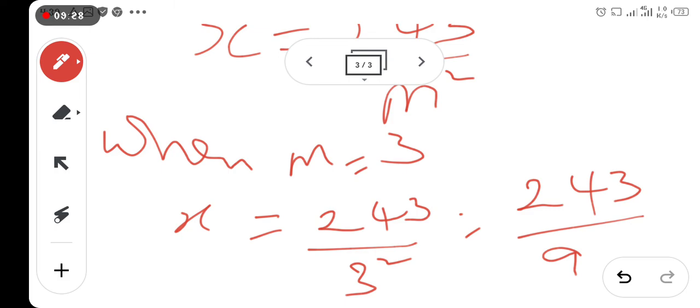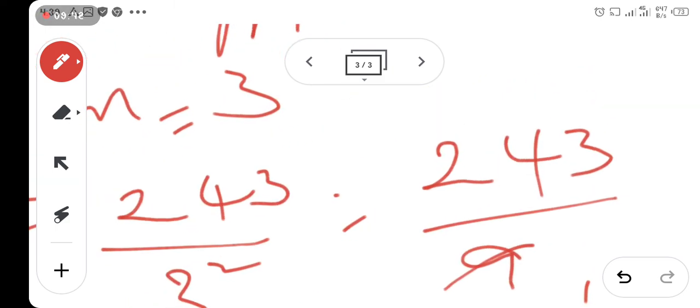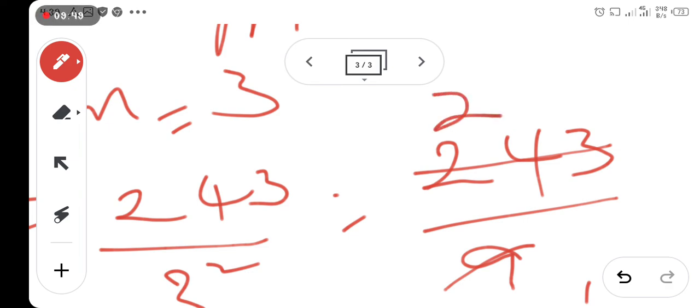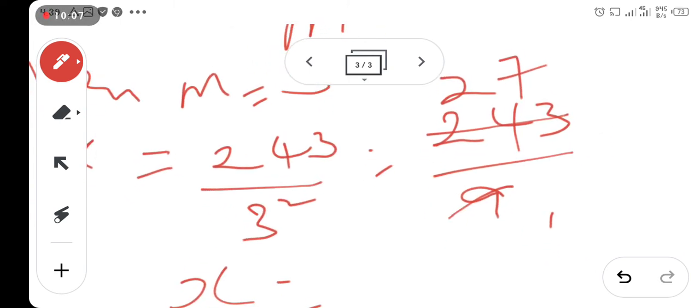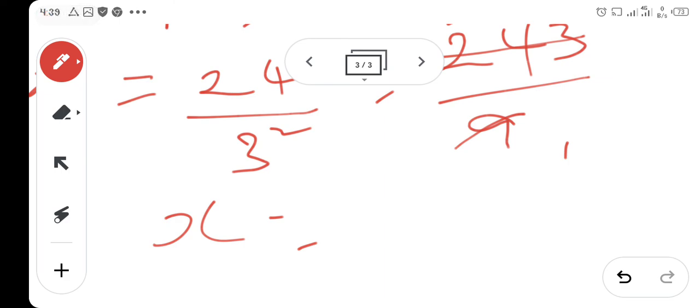Now, 9 goes into 24 two times, that is 9 times 2 is 18, remember 6, then 9 will go into 63 seven times. So we'll have that x is equal to 27.